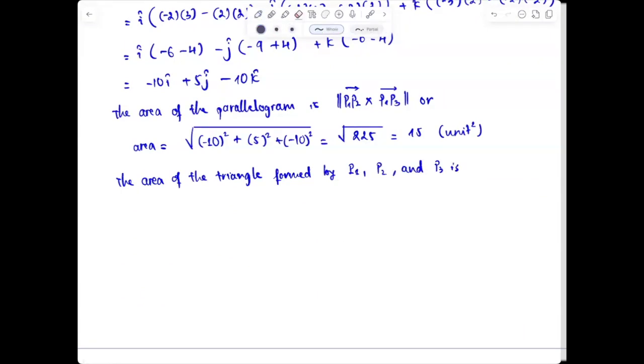The area is equal to 1/2 the magnitude of P1P2 crossed with P1P3, or 1/2 times 15. And again, this is unit square.